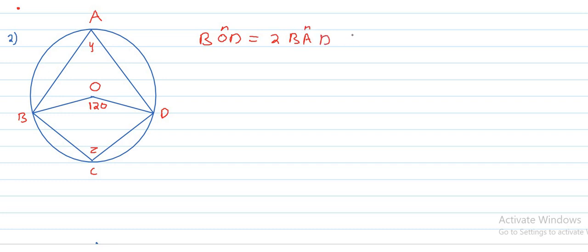What is the reason? Angle at the center is equal to twice angle at the circumference.